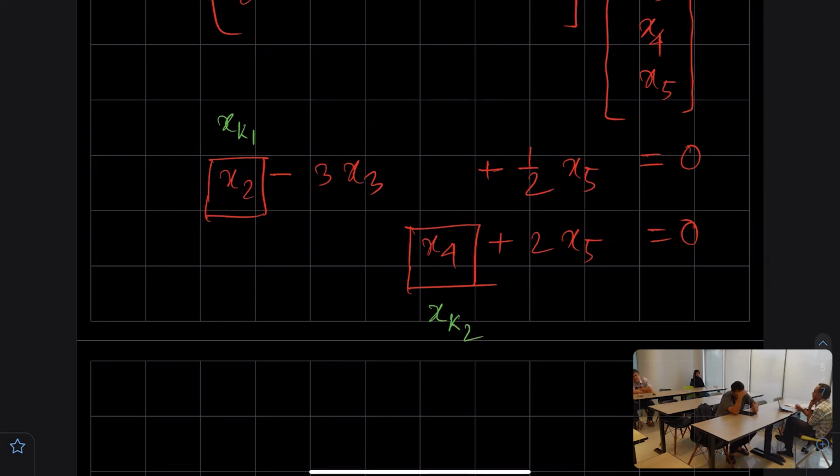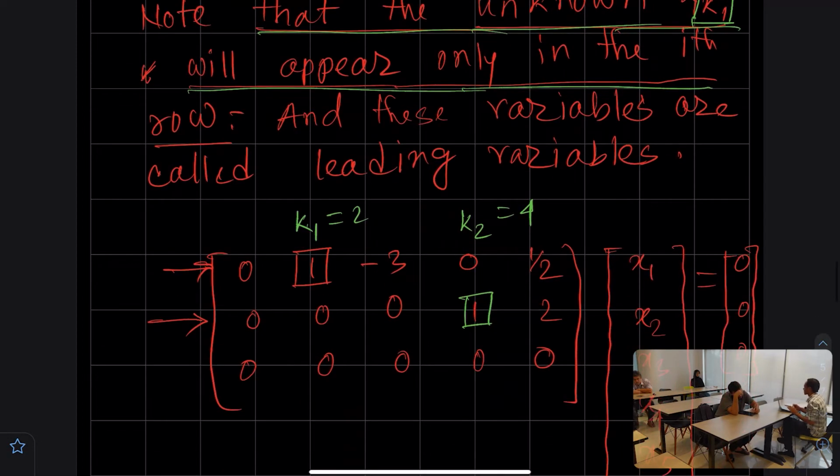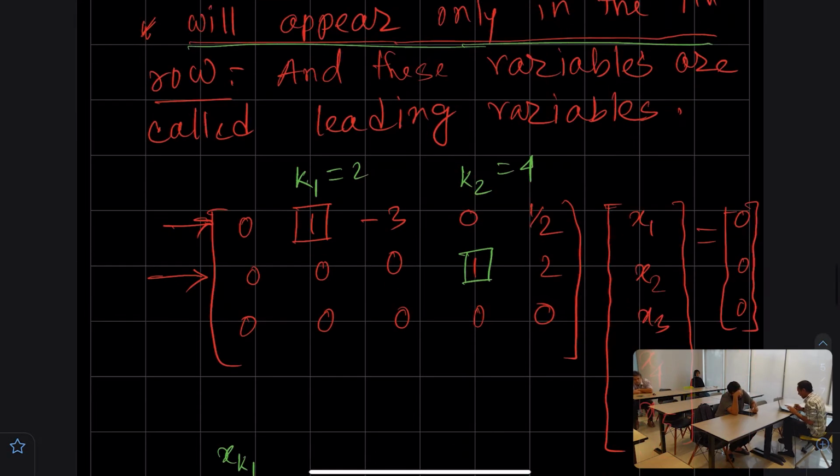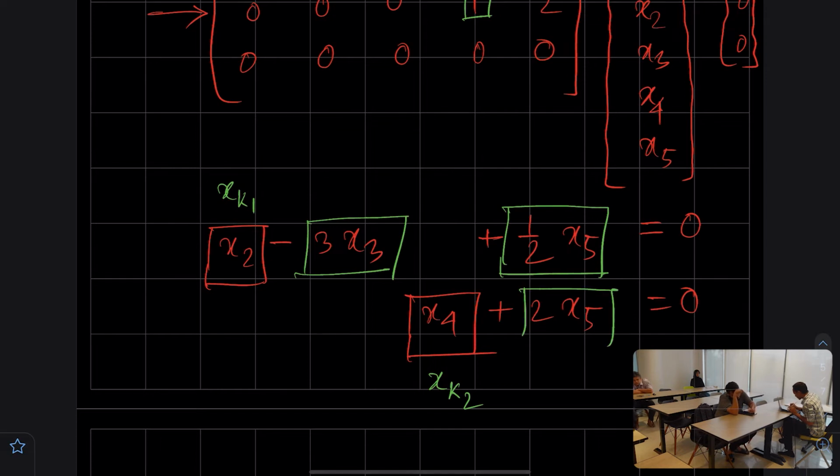K2. That's right. Okay. So then these definitions are matching with our system, right? As you can see, there are other variables as well, this and this. Okay.